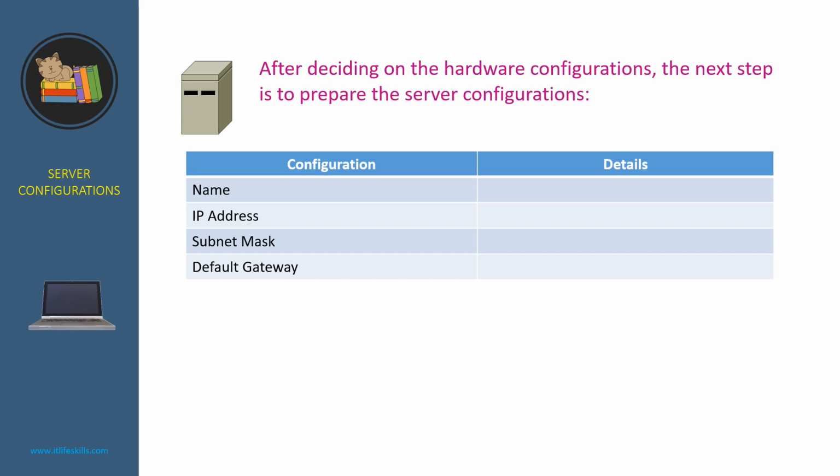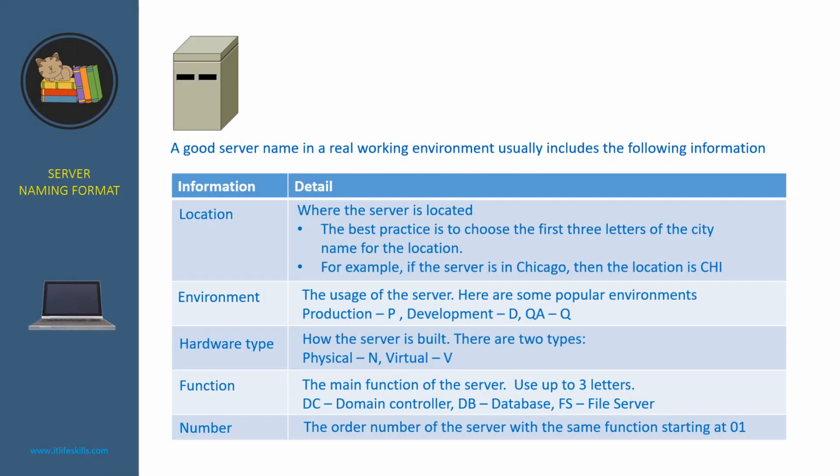After deciding on the hardware configurations, the next step is to prepare the server configurations, such as the server name, IP address, subnet mask, and the default gateway. A good server name in a real working environment usually includes the following information.